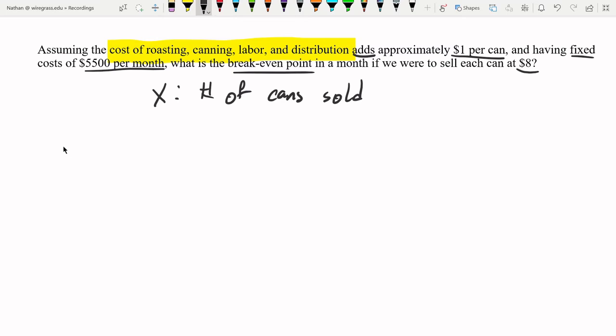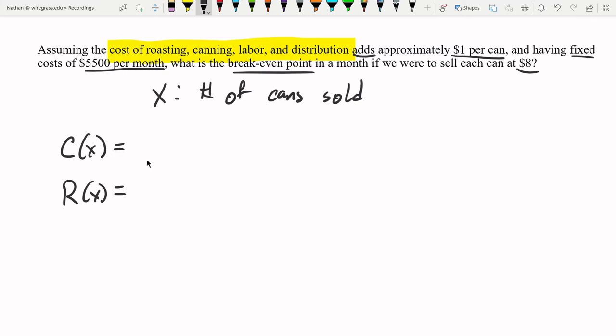We have a cost equation and a revenue equation. Cost is what it costs to make what you're making, and revenue is how much money you bring in from what you're making. Cost doesn't care about how much you bring in, and revenue doesn't care about how much goes out for costs. It's purely those two things.